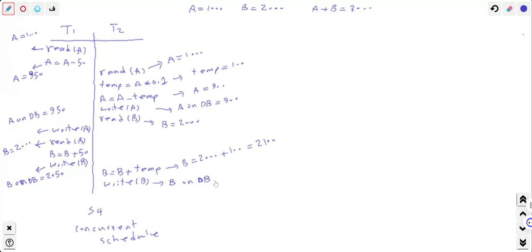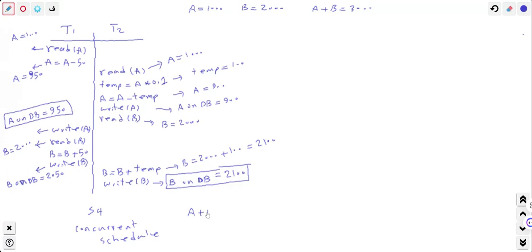The last value of B on the database is 2100. The last value of A on the database is 950.